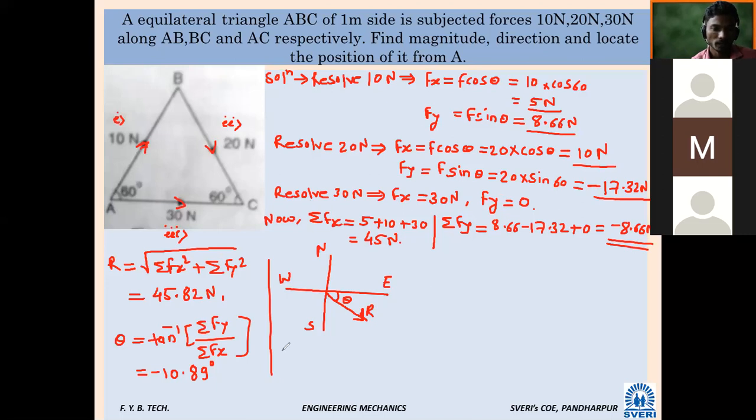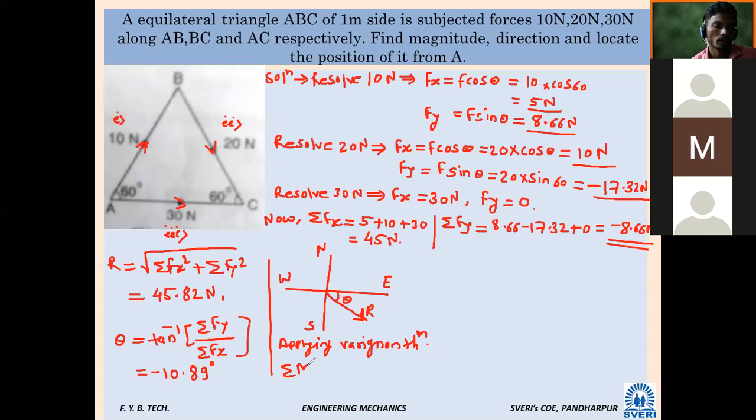So applying Varignon theorem. What it tells?